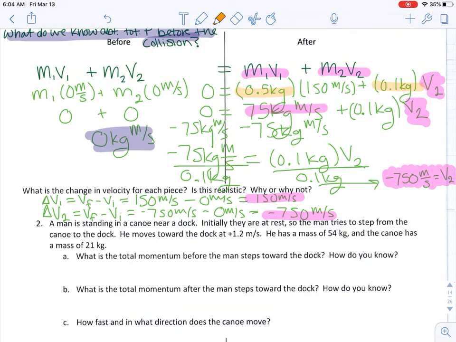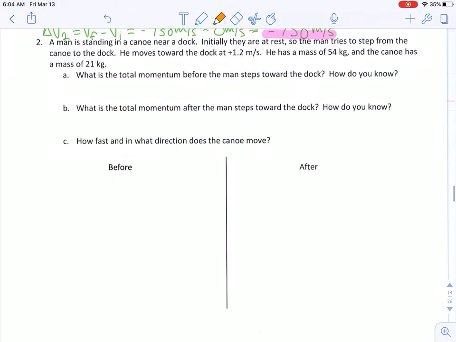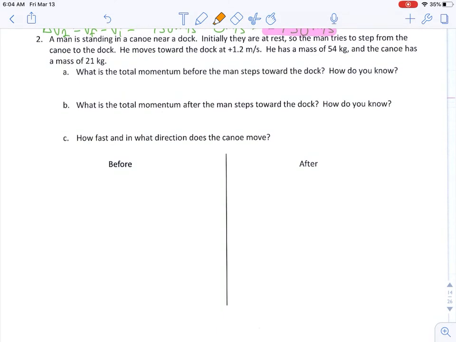All right, that was your example problem. Now we're going to go ahead and set up problem 2, and you guys are going to finish solving it. Okay. So problem 2 is talking about a man standing in a canoe near a dock. Initially, they are at rest. Anytime something is at rest, how much total momentum does it have?